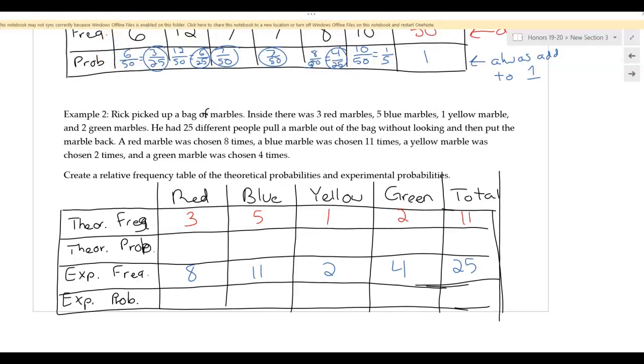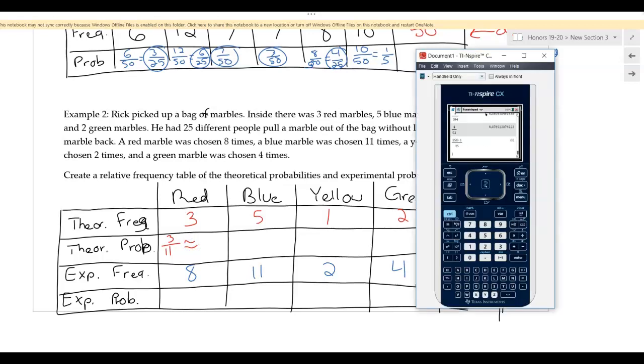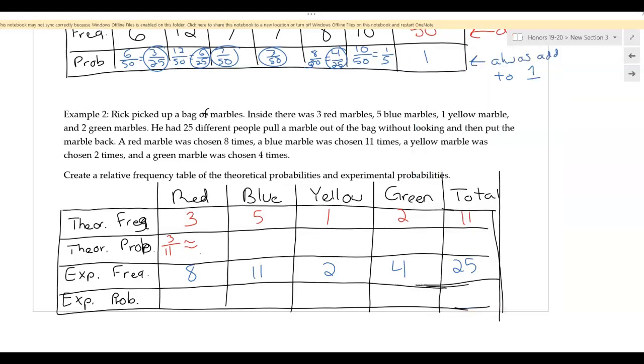So now finding our probability, we have 3 out of 11. That doesn't reduce, but I'm also going to put it as a decimal so we can see how these compare. And that's 0.28.